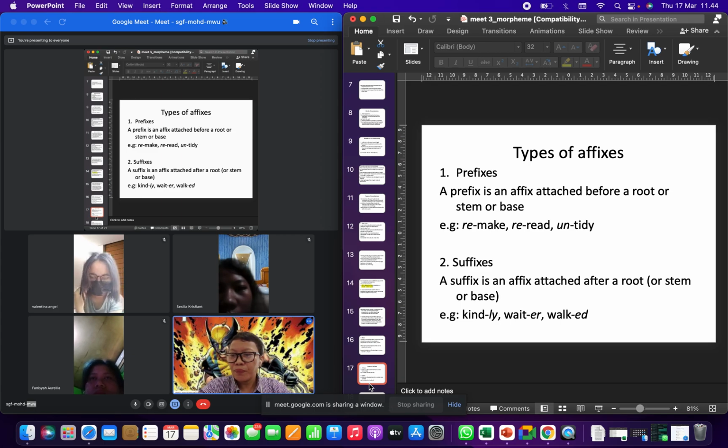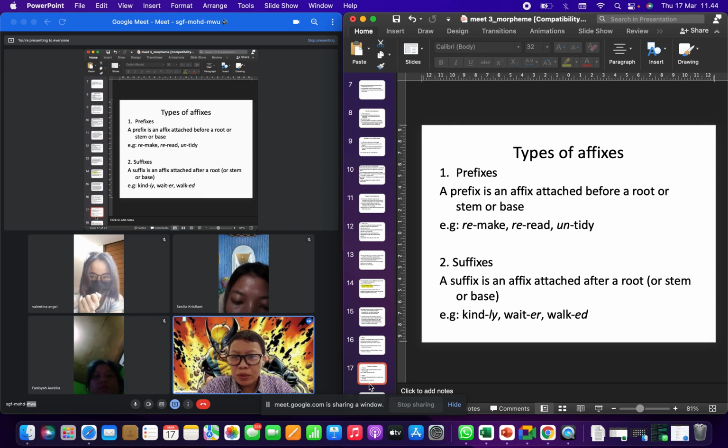For example, the root kind is an adjective, and when we attach the bound morpheme with the suffix ly, it becomes kindly, and it is no longer an adjective, it becomes an adverb. And if we see the root with, it is a verb, and when we attach er it becomes wither.